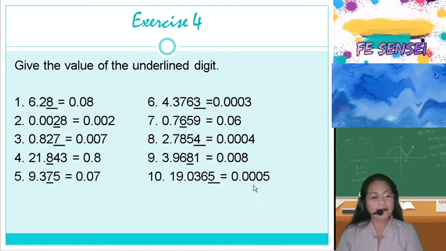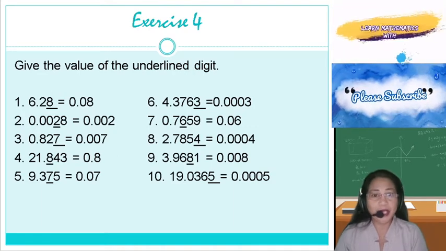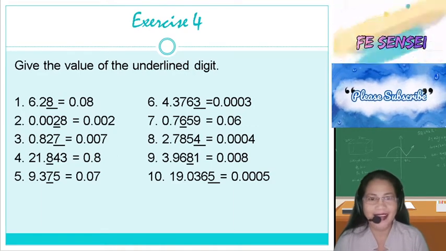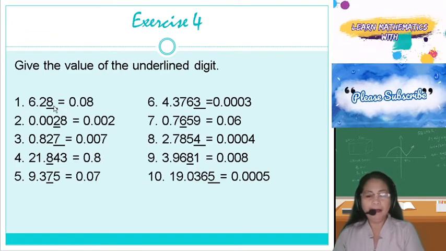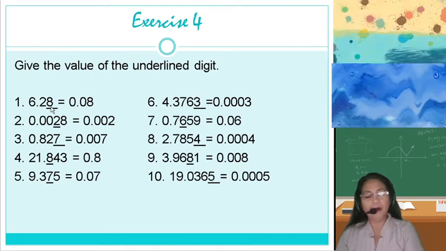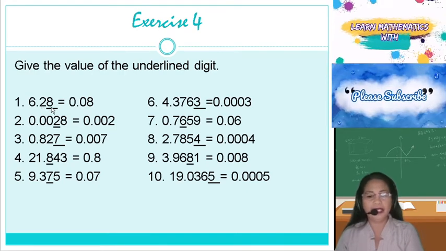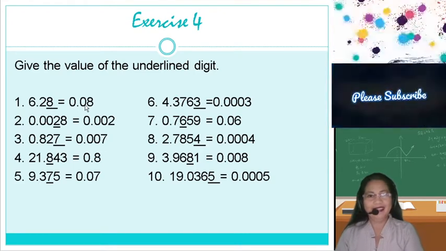It's 5 ten-thousandths. So easy, right? Just replace the numbers before the underlined digit by 0. That's it.